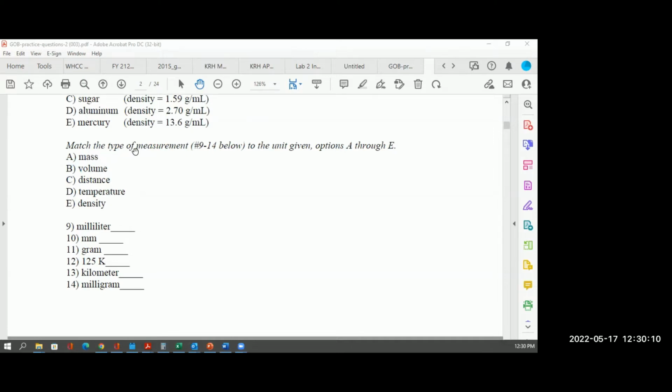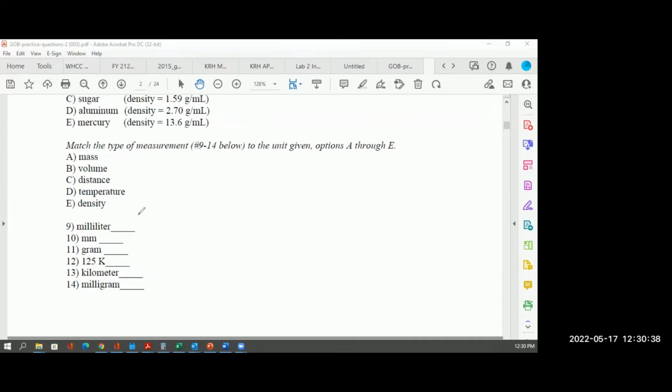So match the measurement to the given units. Okay, the first one, milliliters. Is that going to be mass, volume, distance, temperature, or density? Milliliters.